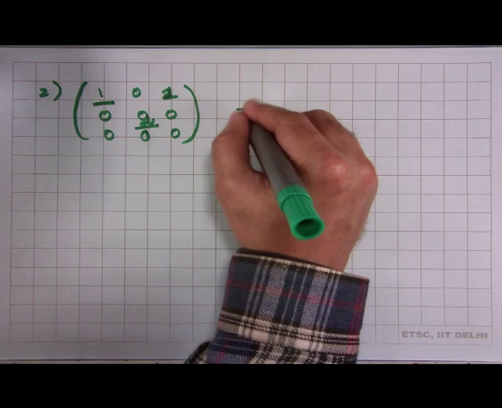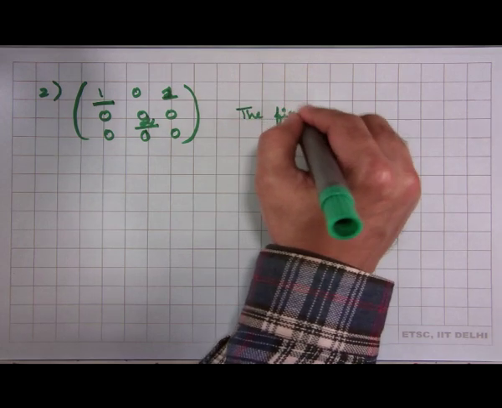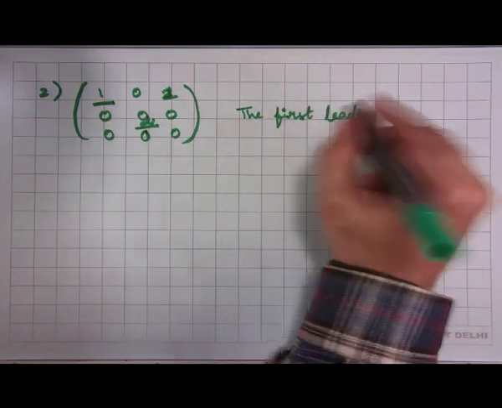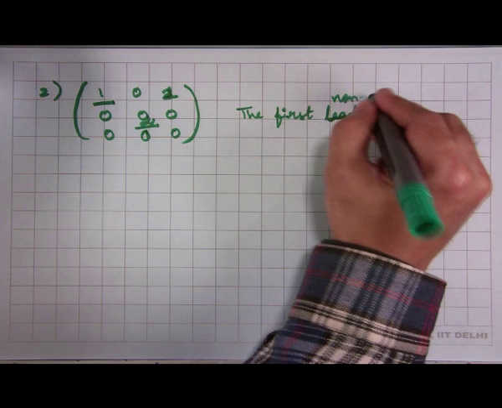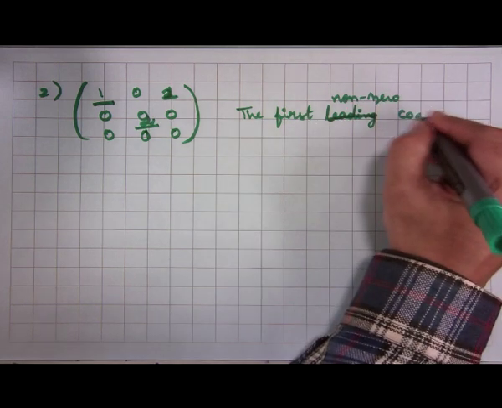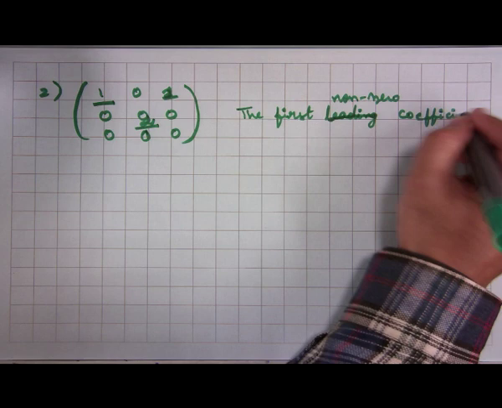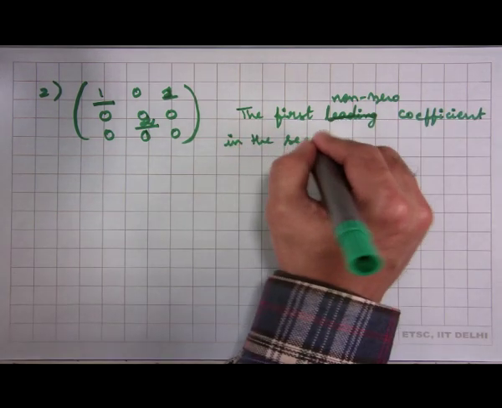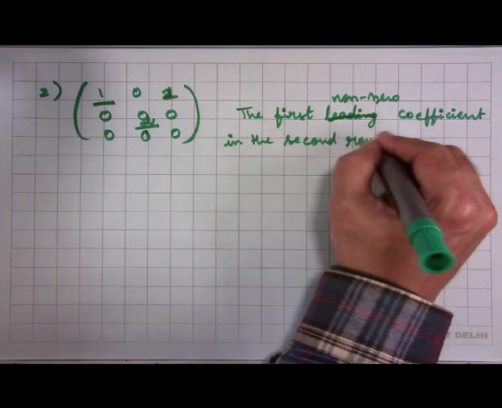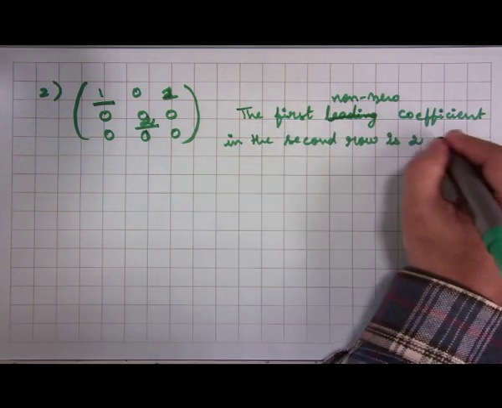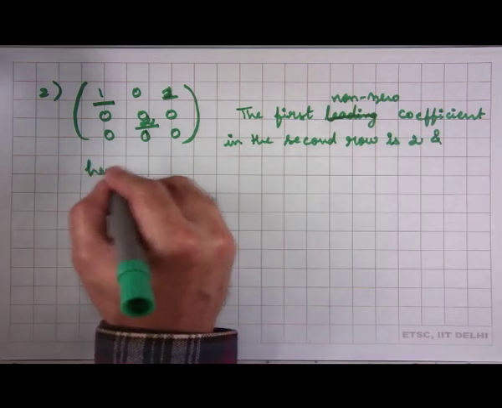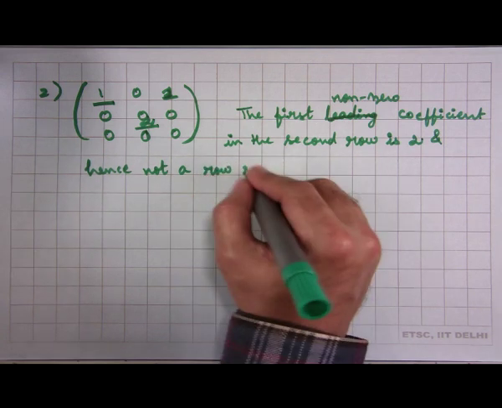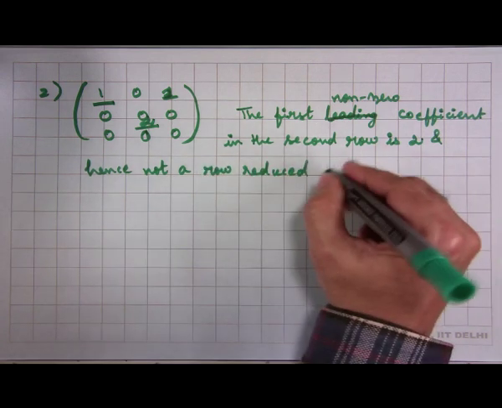So, the first leading coefficient, or the first non-zero coefficient in the second row is 2, and hence not a row reduced echelon matrix.